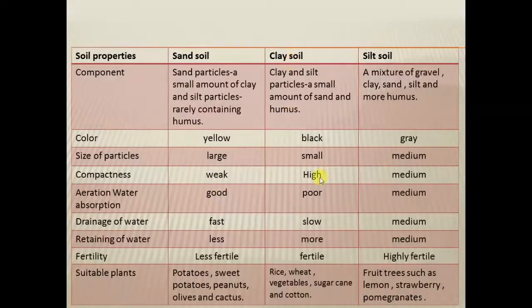The clay soil is highly compacted, so its particles are very close to each other, so it will have poor aeration. The silt soil, between the sand and the clay, will have medium aeration.